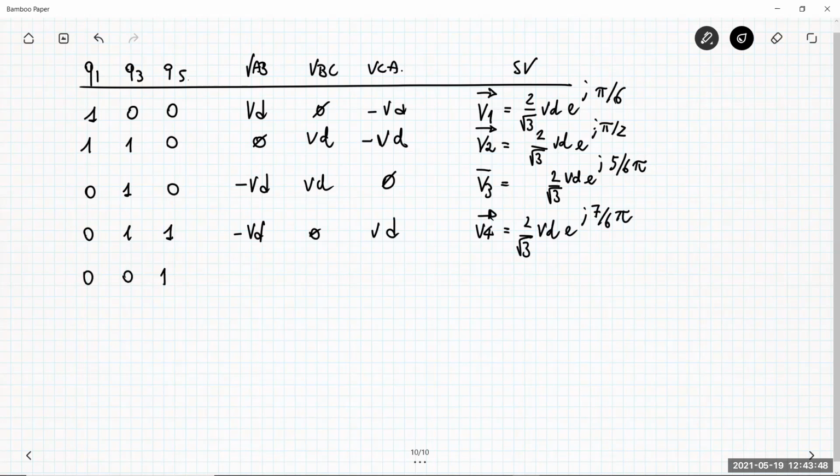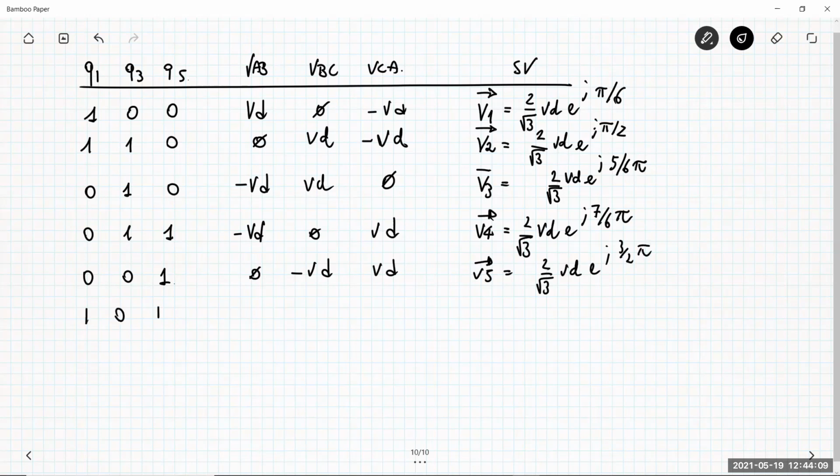Zero, 0, 1, 0, negative VD and VD, V5, 2 divided by square root of 3, VD, e to the j 3 over 2 pi.